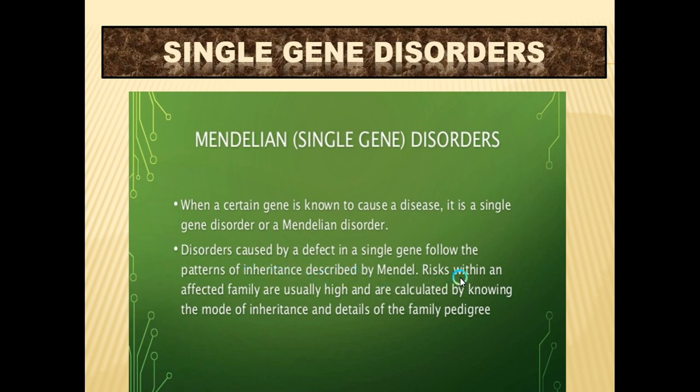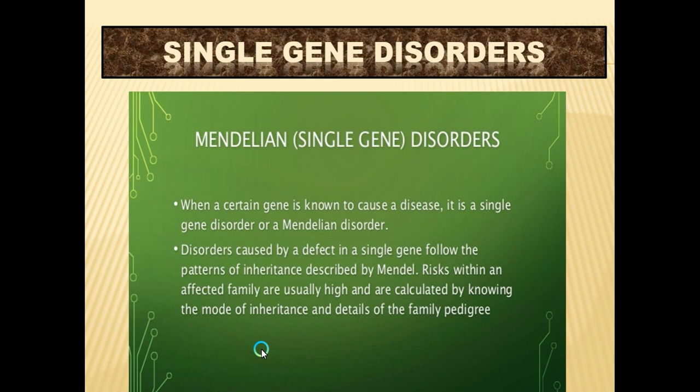Risks within an affected family are usually high and are calculated by knowing the pattern of inheritance and details of the family pedigree. Pedigrees are formed to find out, in the next class I will show you a picture of a pedigree, to what extent which child is affected.